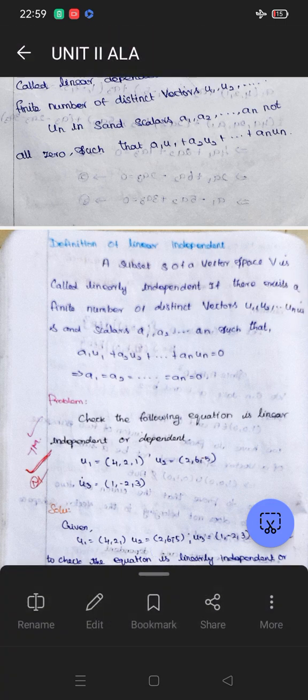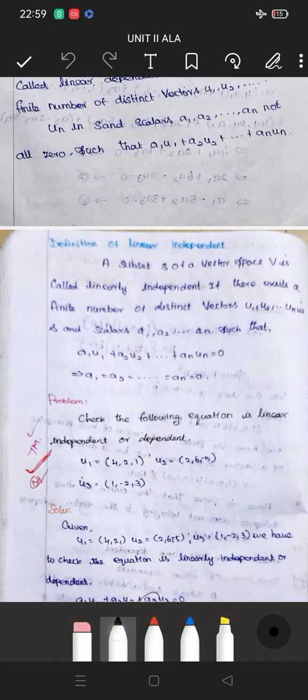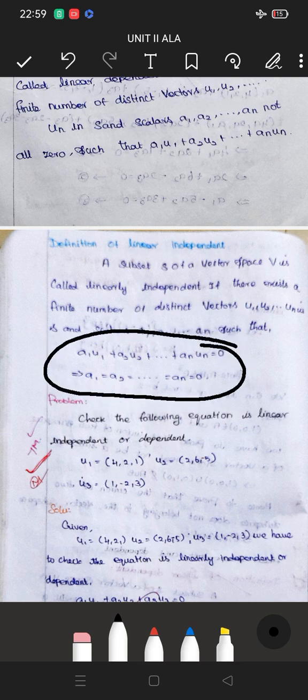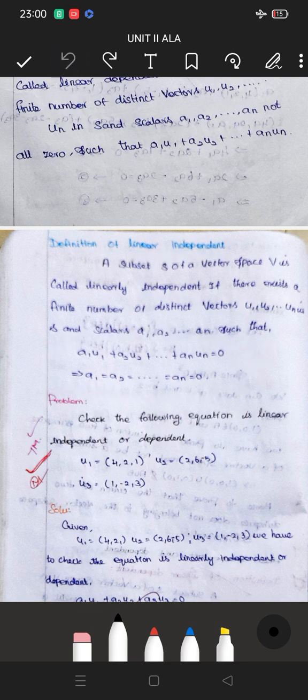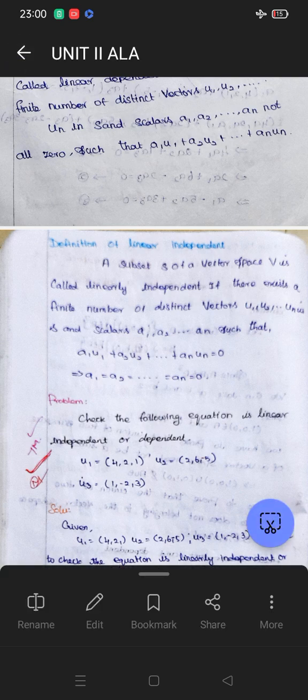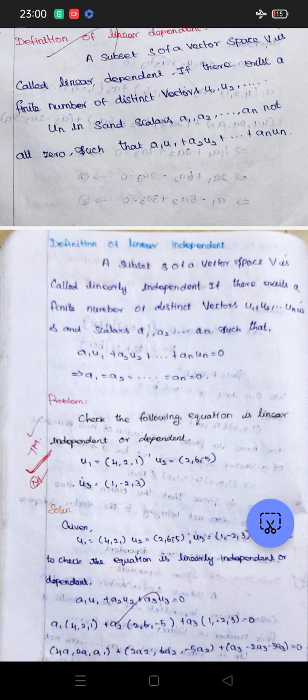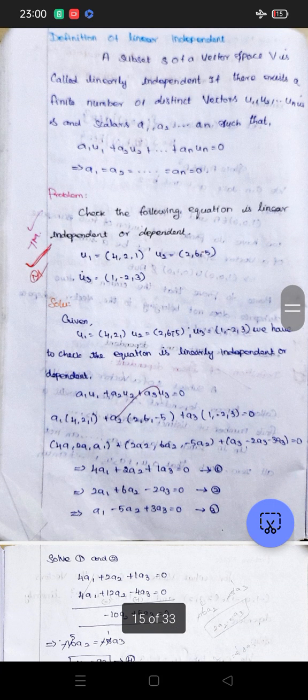This means linearly independent. Scalars not equal to 0 means linearly dependent. So that is the difference between linearly independent and dependent.